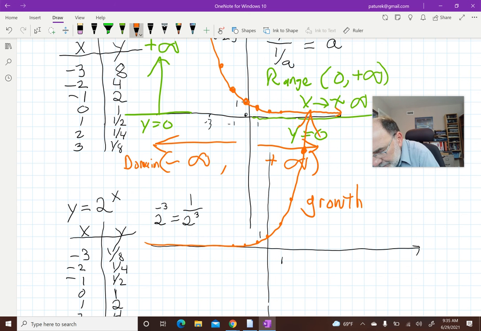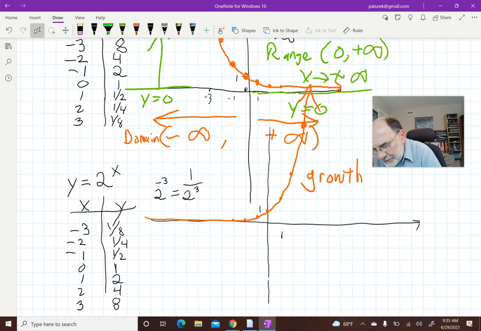It approaches 0 from the left, but again, it never touches 0. 1 over a big number is a tiny number, 0.000000001. That's not 0. Pretty close, but no. So this thing, if I were to classify it, and this is what you should be able to do, you should say it approaches the asymptote y equals 0 as x goes to -infinity.